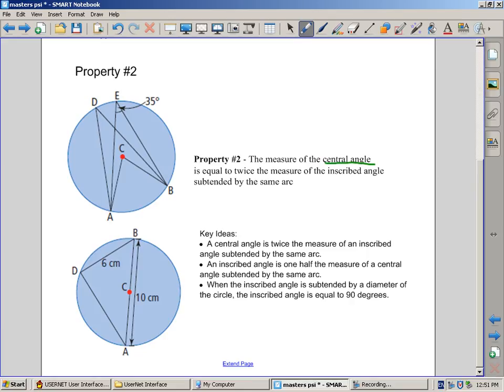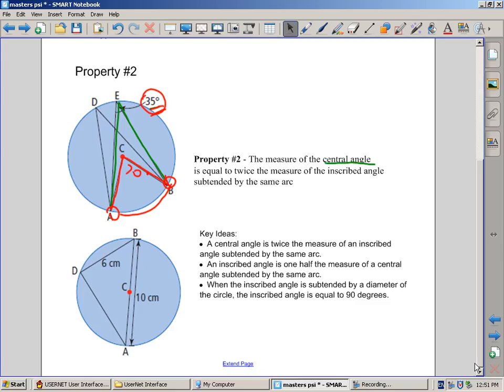What that means is that if we have our inscribed angle here, and we know that that is 35 degrees, and we have a central angle here that is subtended by the same arc, so they share the same endpoints, we know that the central angle is twice that of the inscribed angle. The inscribed angle is 35 degrees, so our central angle is 70 degrees.